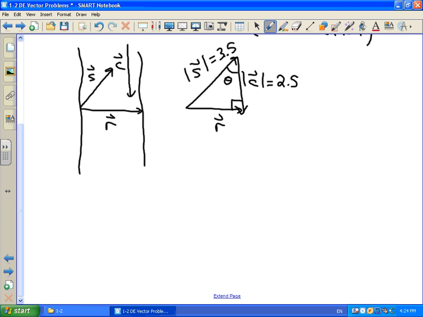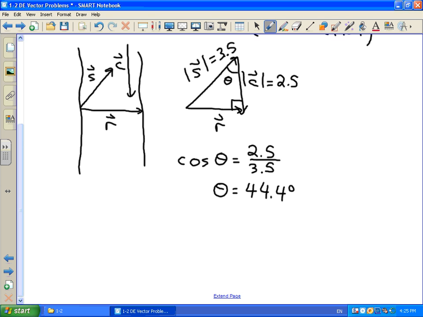Okay, we'll call this theta. The easiest way to get theta is, because this is a right angle triangle, we can say that the cosine of theta is going to be 2.5 over 3.5. 3.5 is our hypotenuse, 2.5 is our adjacent side, and so we can work out that theta here is 44.4 degrees.